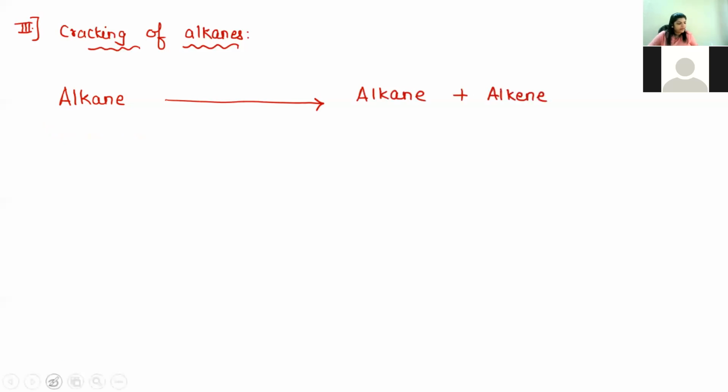Now, what do I mean by this? Let's say you have an alkane, which is a very large molecule, which will break into two parts, alkane plus alkene, where the alkane will again be a large molecule and the alkene will be a small chain.